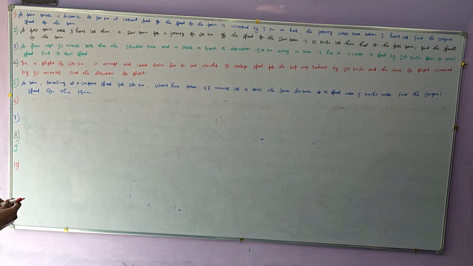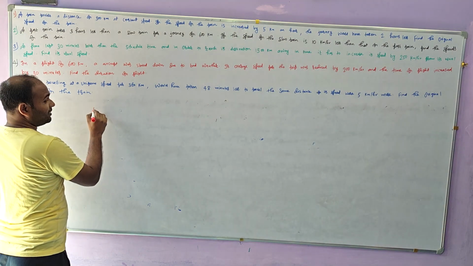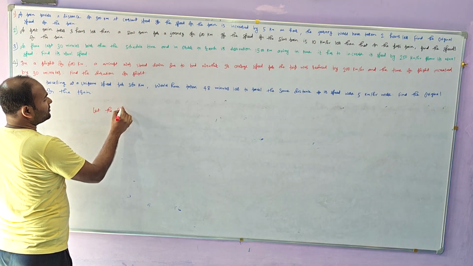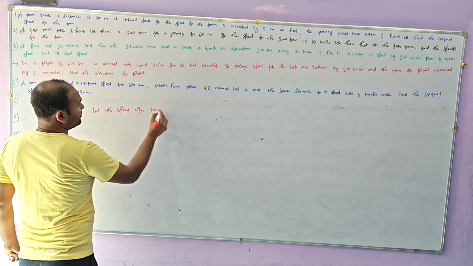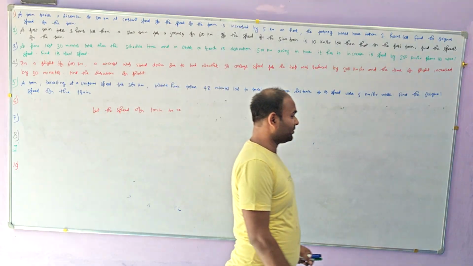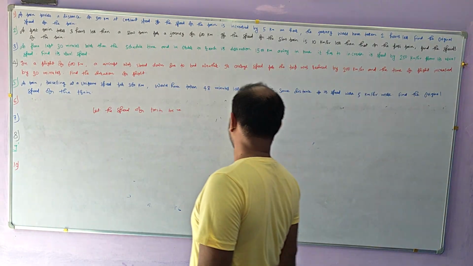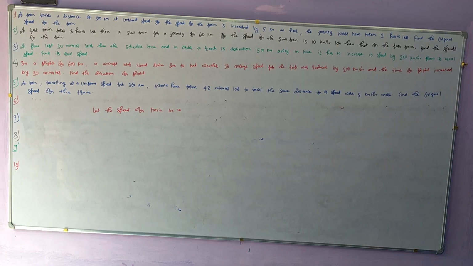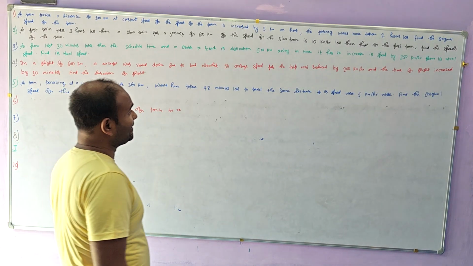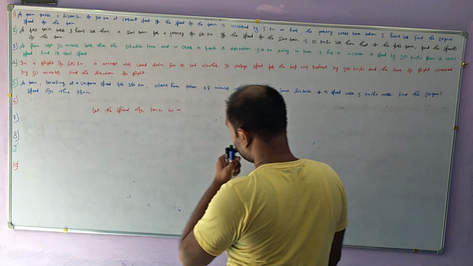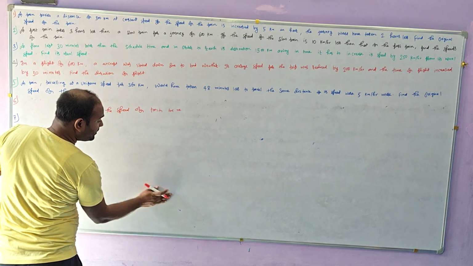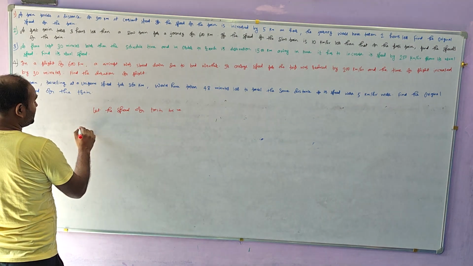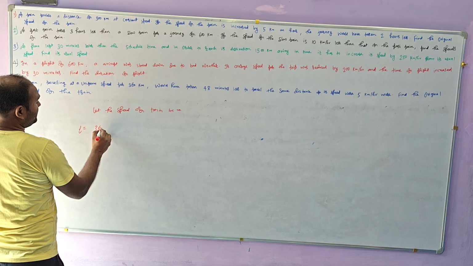Let the speed of the train be x. So firstly, it covers, t becomes 360 upon x.